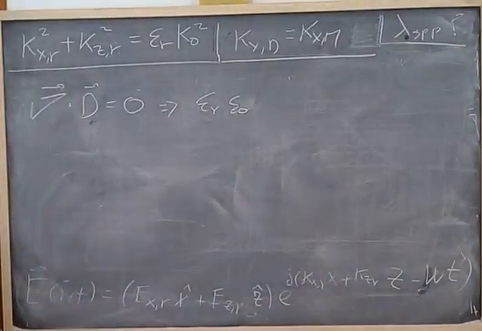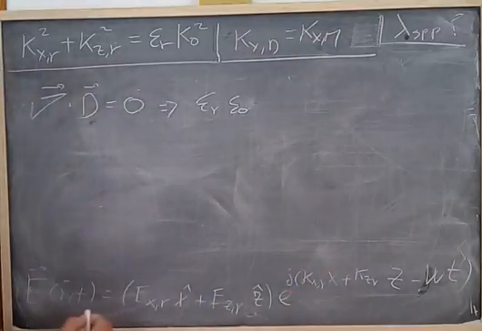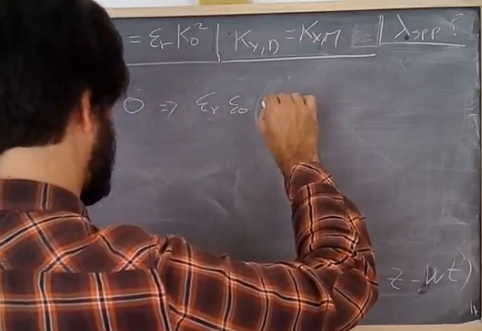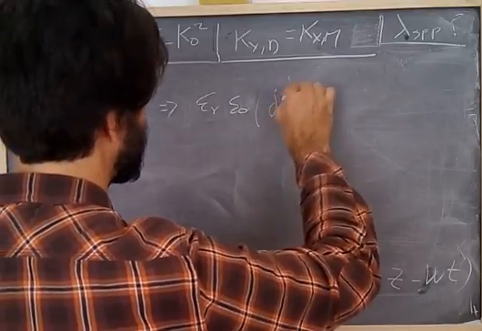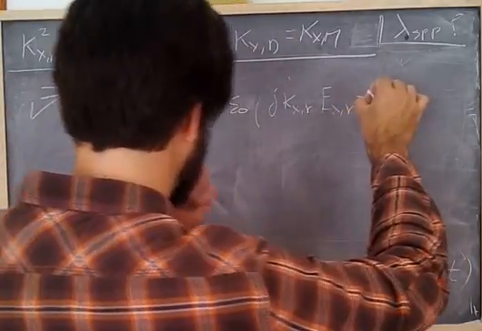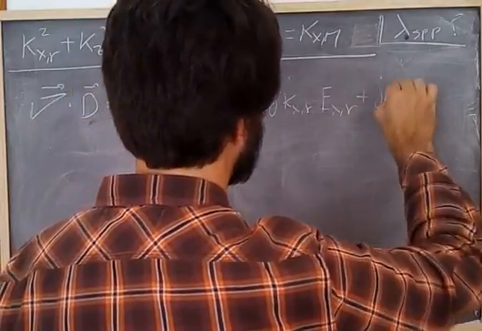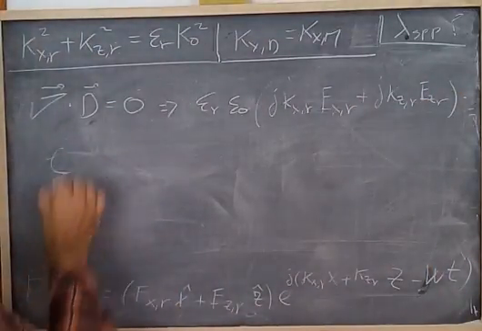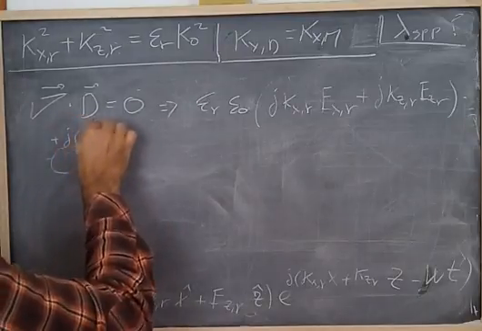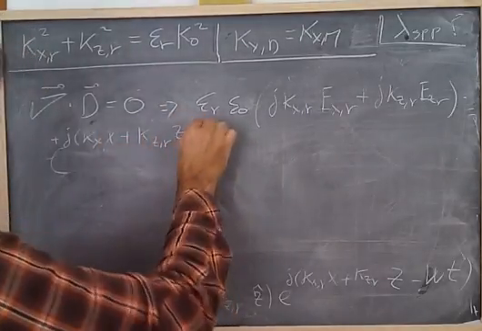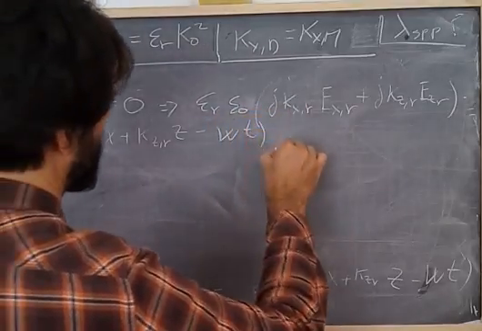If I insert this and make the calculation, the divergence of this expression is j, a x r, a z r, multiplied by the exponential of j, kxr x plus kzr z minus omega t, equals 0.